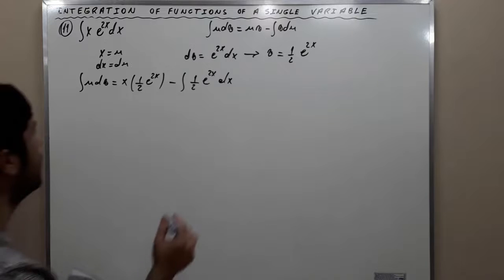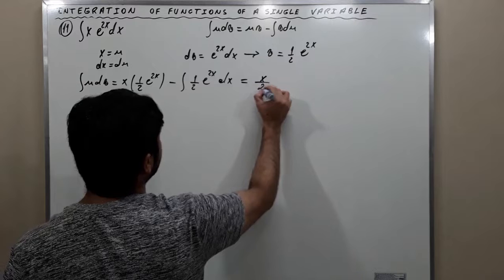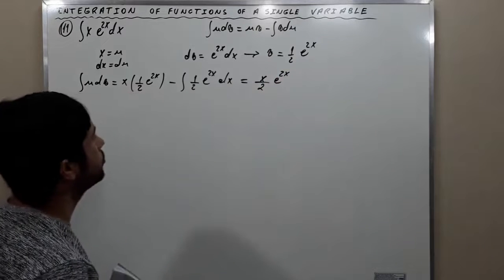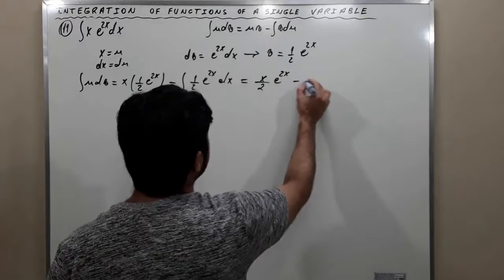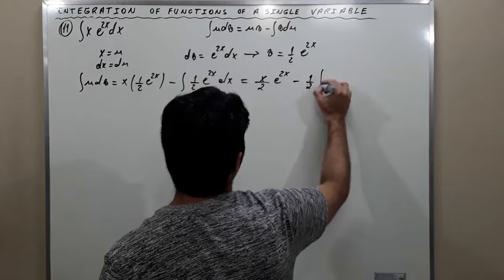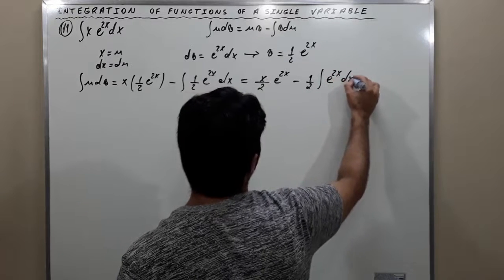Then it is x over 2 e to 2x minus 1/2 of the integral of e to the power 2x dx.